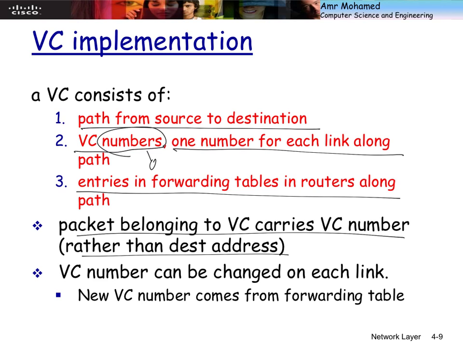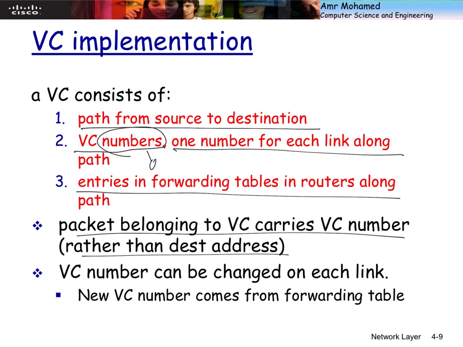On one hand, this allows each router to have an independent virtual circuit number for each connection, in which case the virtual circuit number can be a little bit smaller, because we don't have to have all the connections passing through the same router. It doesn't happen in a large network that all the connections pass through the same router. This is very unlikely, in which case the router will decide on this virtual circuit number locally.